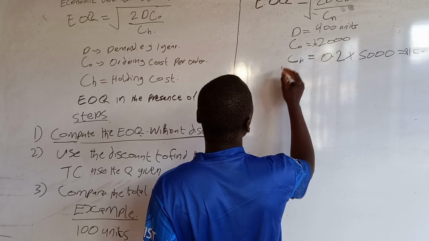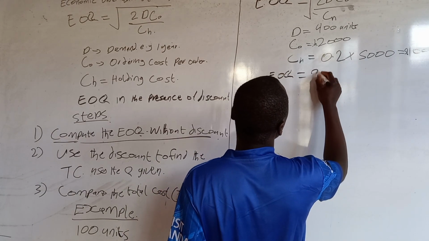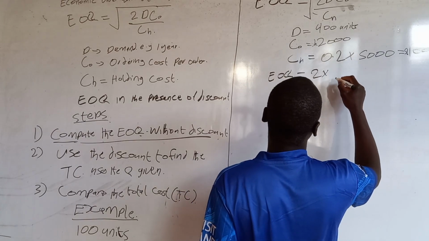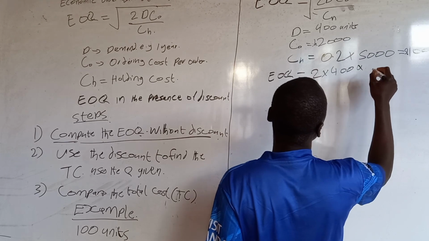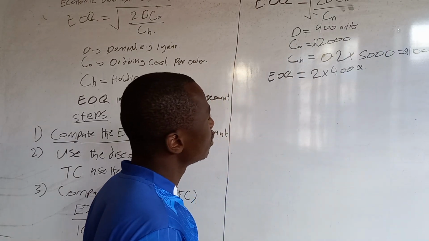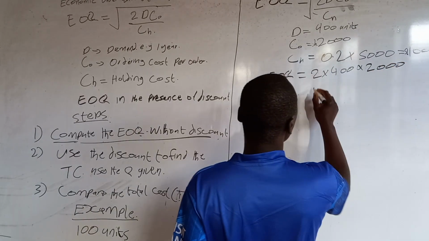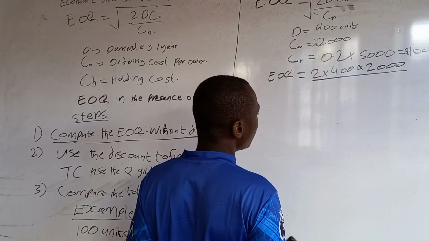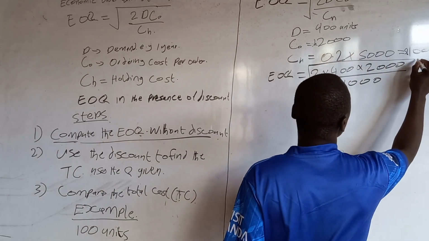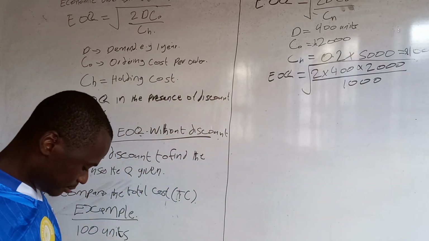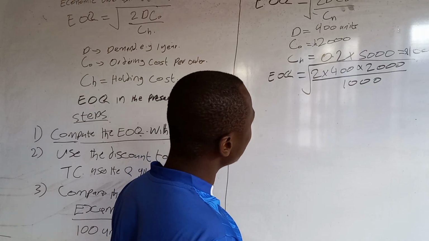So, our quantity, which is EOQ, will be 2 times demand, which is 4,400 units, times ordering cost, that's 2,000, divided by 1,000, then we find the square root.